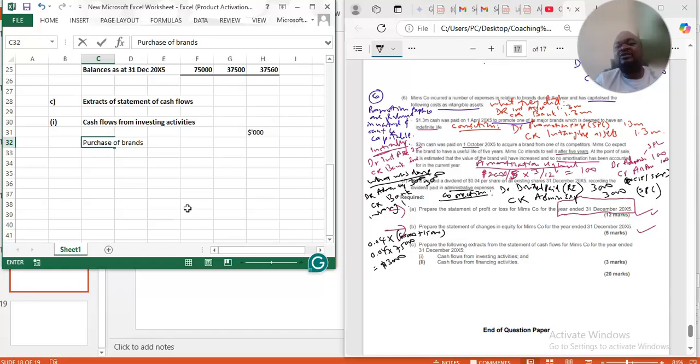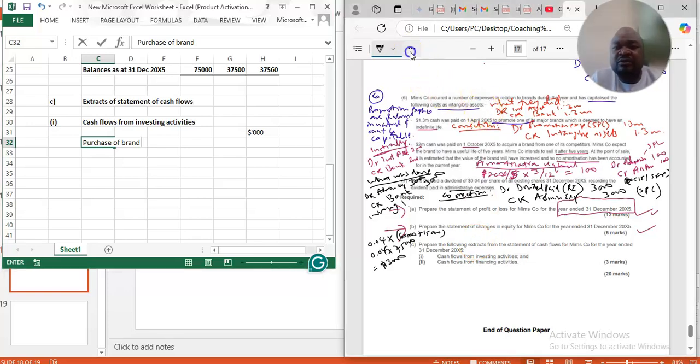There was a purchase of a brand. They purchased a brand from a competitor, so that's something. Purchase of brands. When was that? I think this is not number.